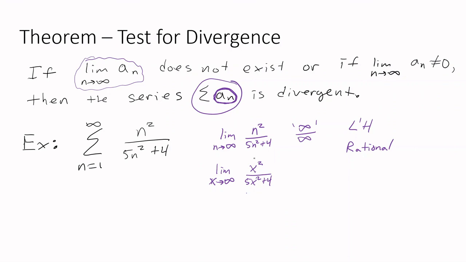So all I have to do is switch to x's to get myself a function here that matches my original sequence, right? It matches for any n. If I plug n into either of these, that's the same thing. But now I've extended it to include other real numbers. Okay, so again, I still get infinity over infinity.